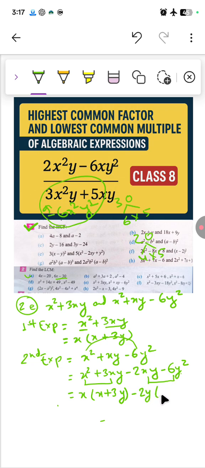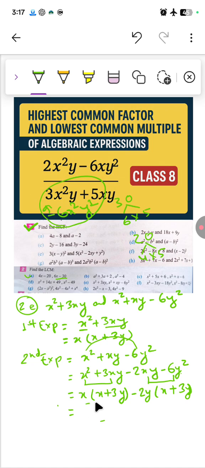And what will be left after taking this 2y as common? x will be left. That should be written inside the bracket. Minus converts into plus as the bracket is used and minus is in front. So now minus 2 into plus minus 2 3s are 6, y into y gives us y square.